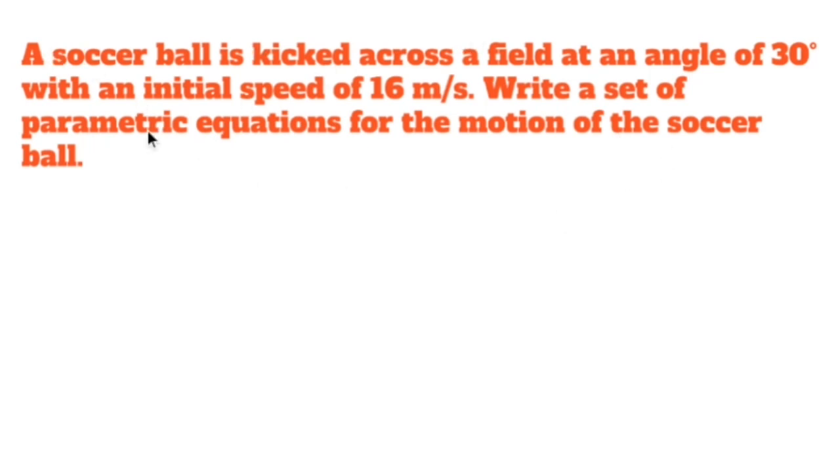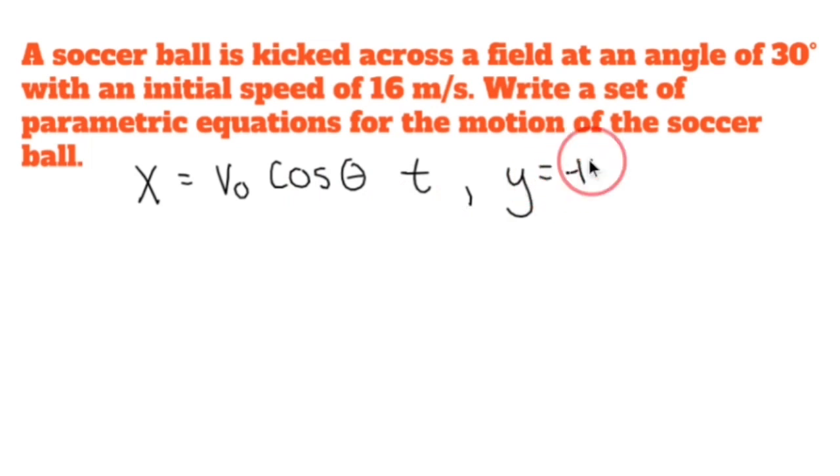There's a rule that says if you're dealing with initial speed problems, the x equation is going to be the initial speed times cosine theta times t, and y is going to be based off of the gravity function, which is negative 16t squared plus the initial speed sine theta t.